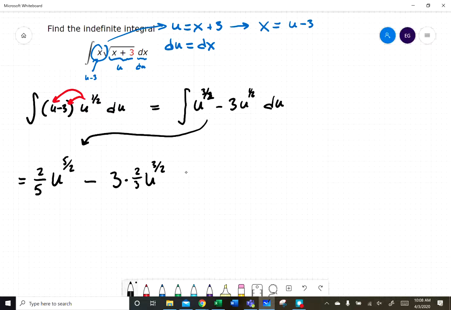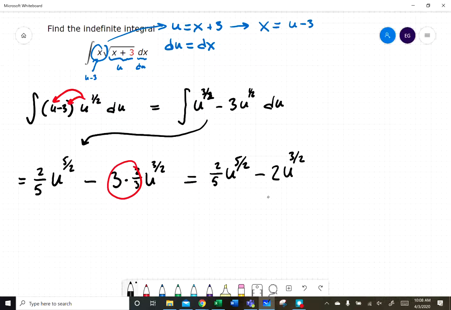All right, so let's see what we could do with this. Well, right here, let's just call that a 2. All right, so we have 2/5 u to the 5/2 minus 2u to the 3/2.